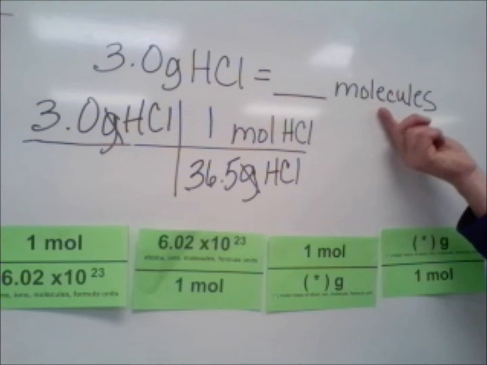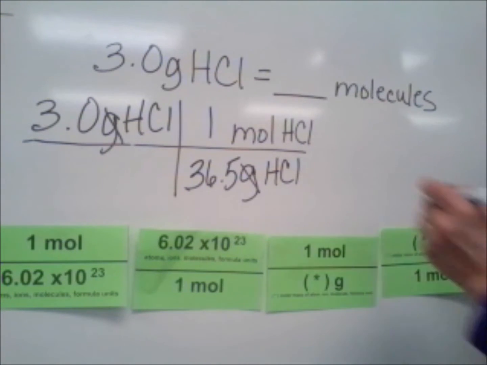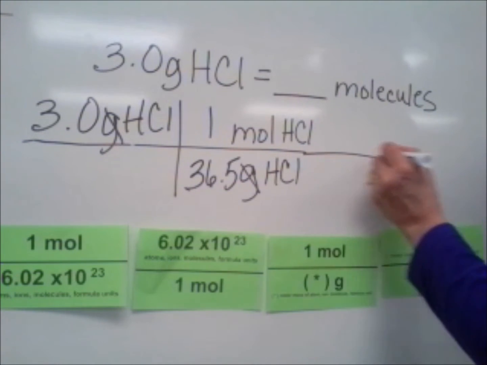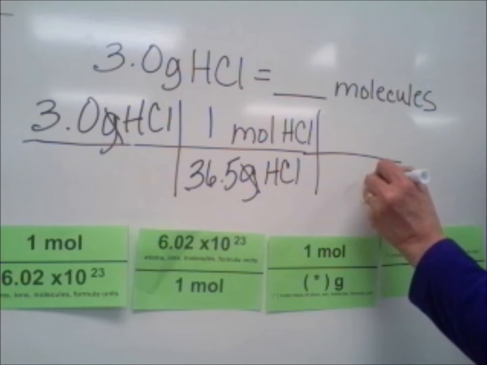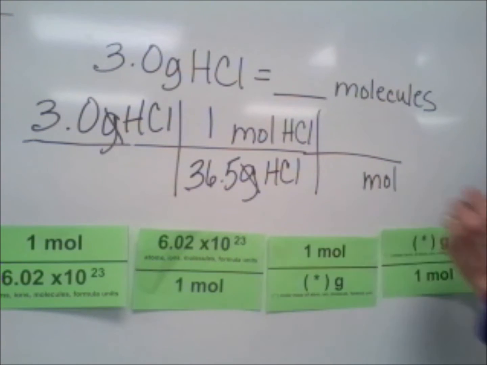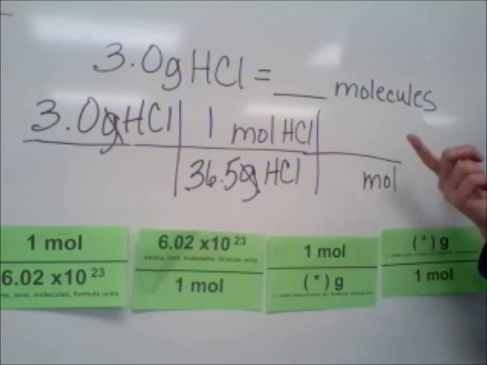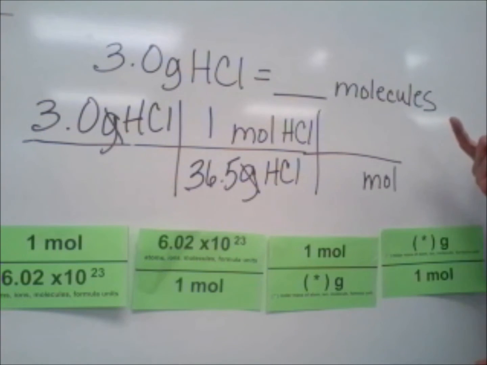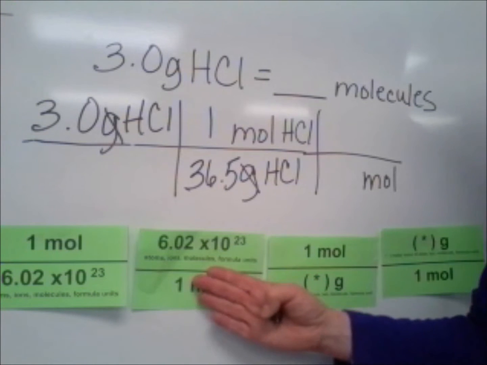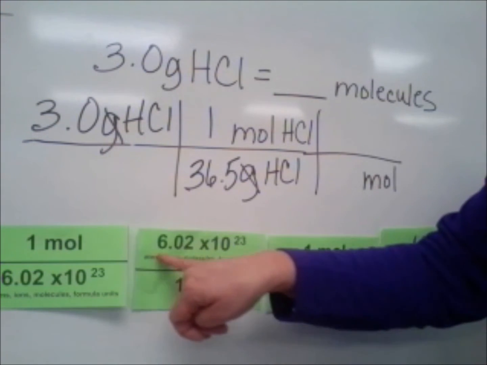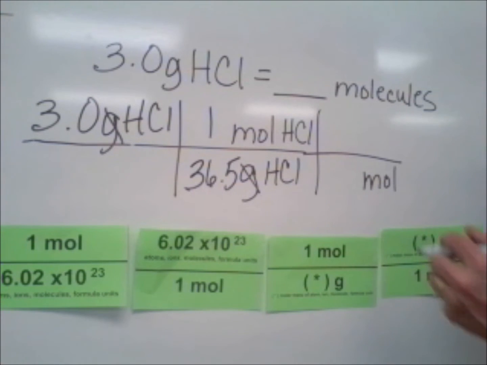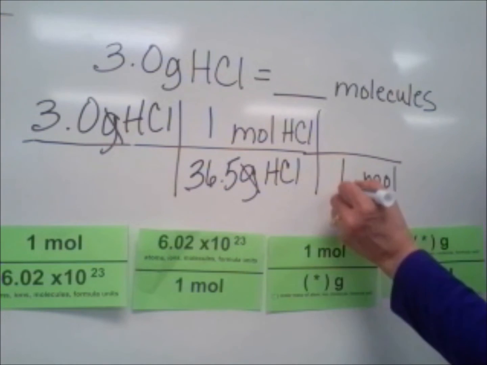But we want our answer to be in molecules, so that's going to require us to use the second conversion factor. This time we want to be careful that our moles are on the bottom and that our representative particles are on top. So we're going to use this conversion factor because we have 1 mole on the bottom and then our representative particles on top.